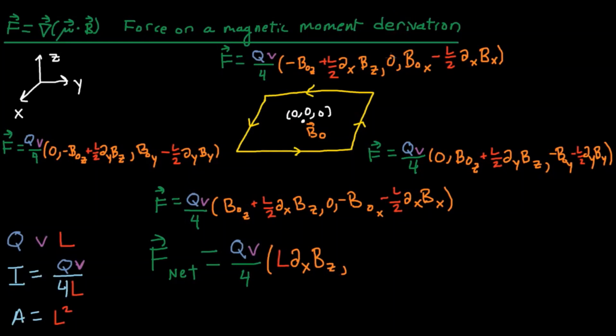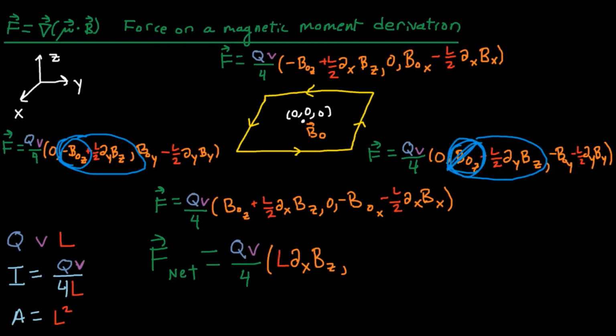Okay, great. Now let's look at the y component. For the top and the bottom segments, the y component is 0, so that doesn't matter. It's the left and the right for which the y component isn't 0. Just like before, the leading piece, B naught sub z, gets canceled out because one of them is negative and one is positive.